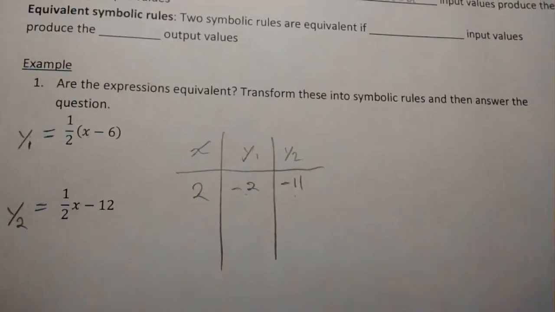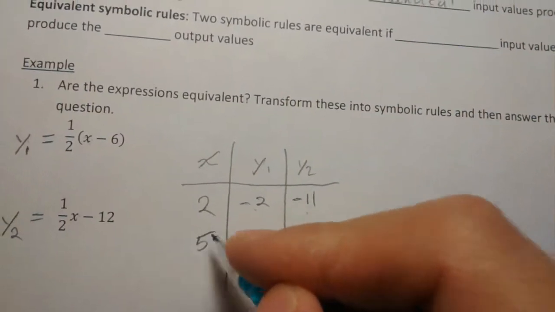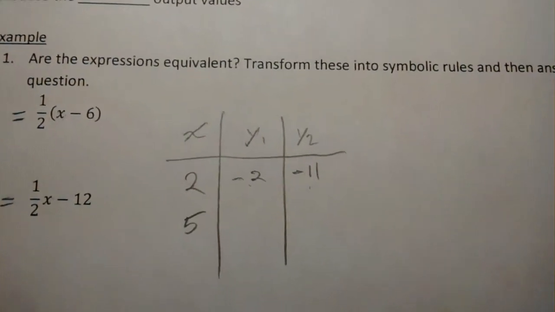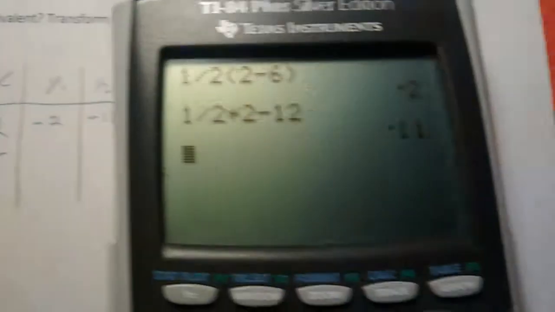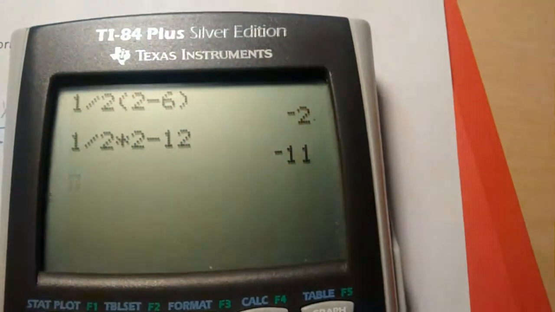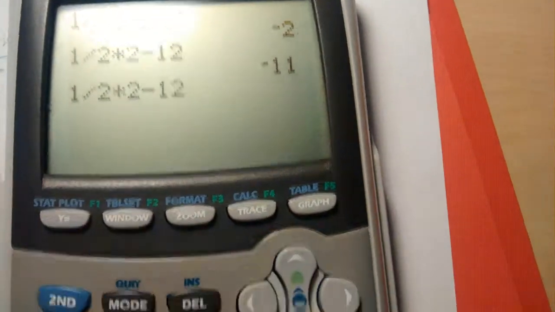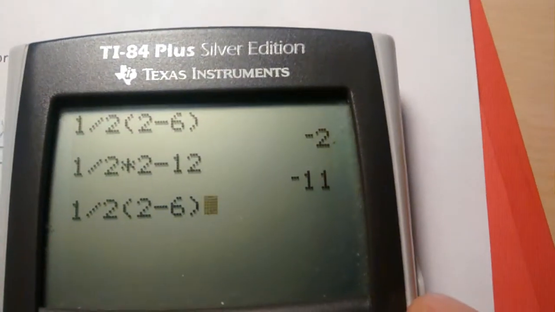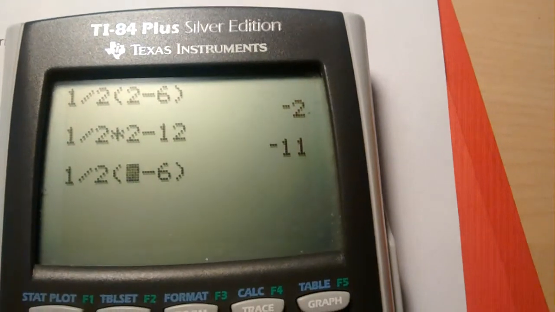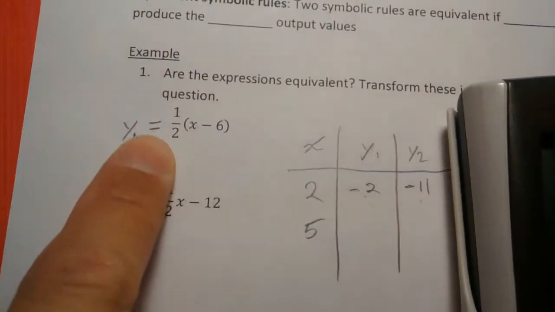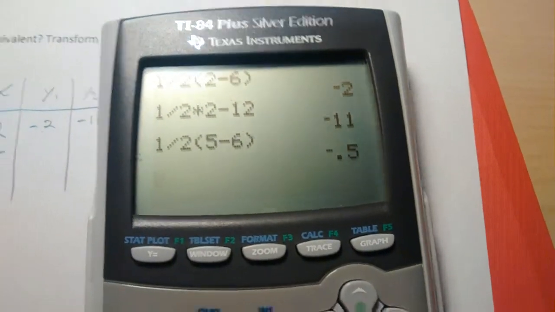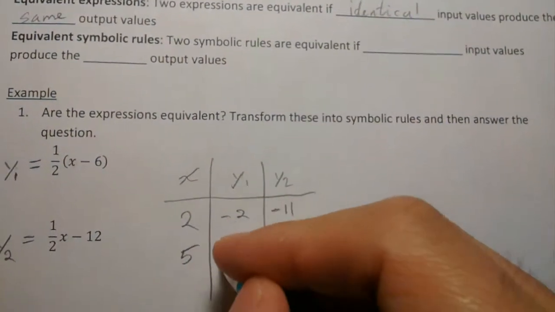So maybe just to overkill, let's try a 5 in here and take a look at that. I'm going to go back and hit second enter twice. I hit second enter, and it allows me to replace what I originally put in with the first formula here, the 5, so that gives me -0.5.